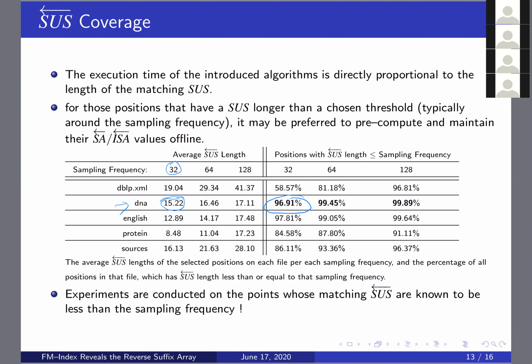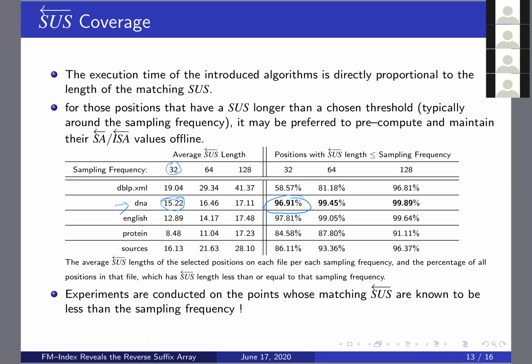So for the DNA sequence, the coverage seems nice. For the DBLP, it is poor at small sampling factors, but at higher sampling rates the coverage is not that bad. This means we will be happy with that many positions, 96 or 99 percent of the positions.